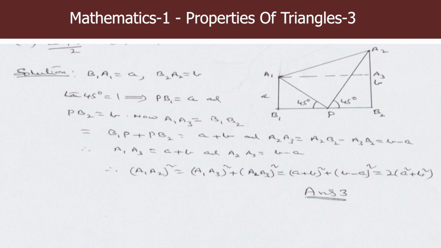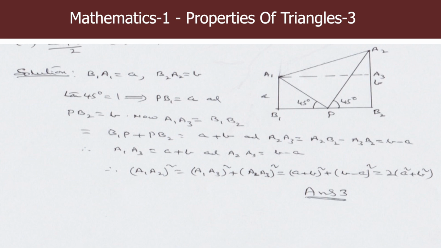And similarly, tan 45 is equal to A2B2/PB2, which gives you PB2 is equal to small b. Now A1A3 is equal to B1B2, because this is a rectangle.